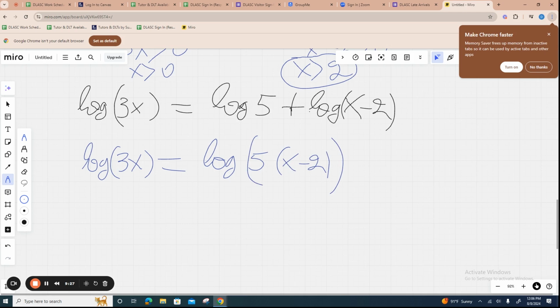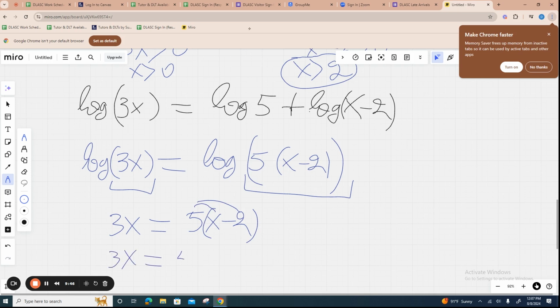Well, log of this and log of this are equal to each other, so those two have to be equal to each other. So now we can pull out 3x equals 5 times x minus 2. I multiply that 5, right? It's called distribution, like making sure everybody gets their share of food on a team.